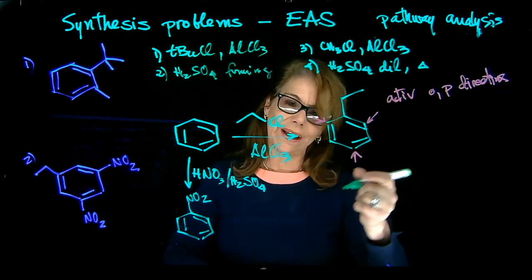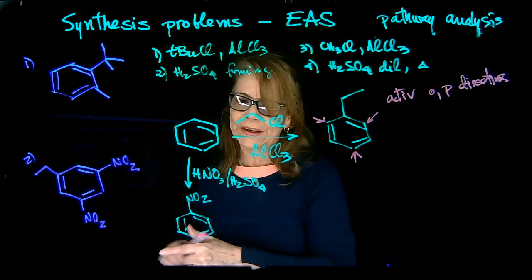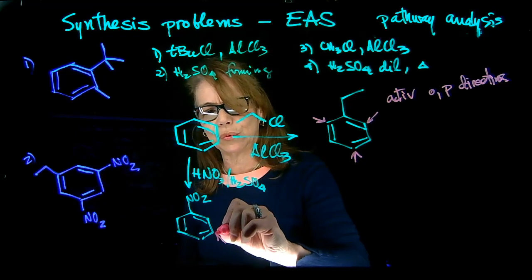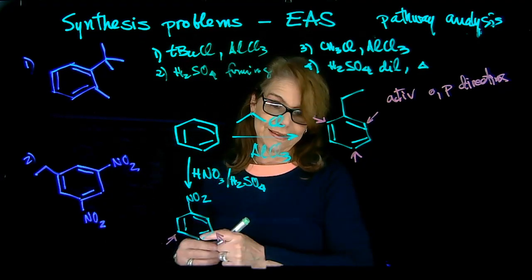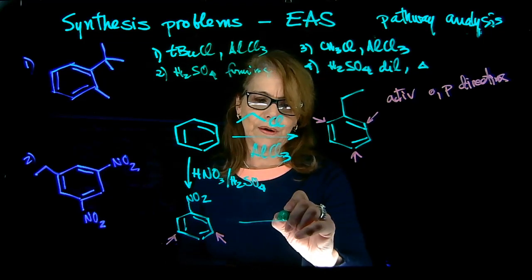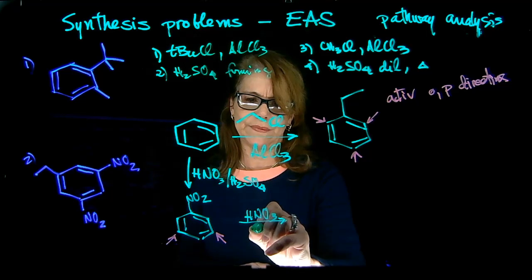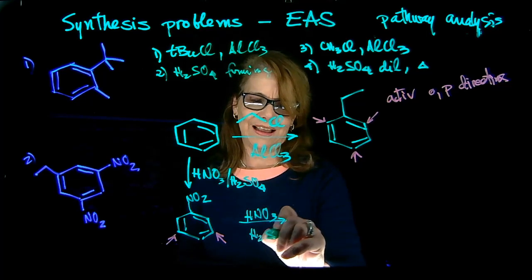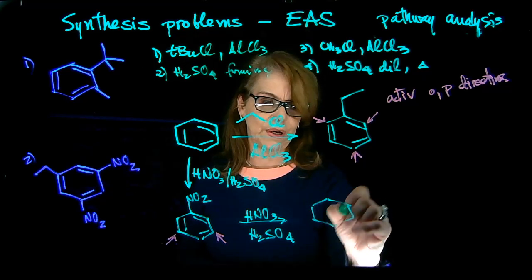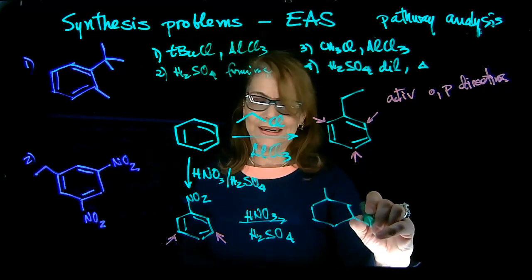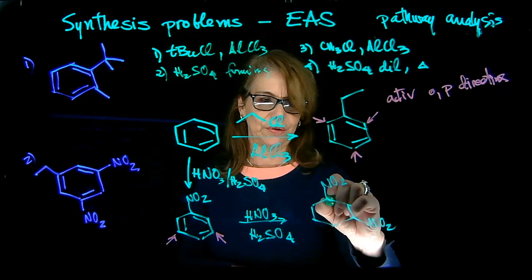Let's say that we have an excess force in that conditions that is deactivating, and yes, it will direct meta. So I'm going to be able to install the second nitro group where we want. So another nitration. And yes, we're getting the two nitro groups meta to each other as we have in our target molecule here.